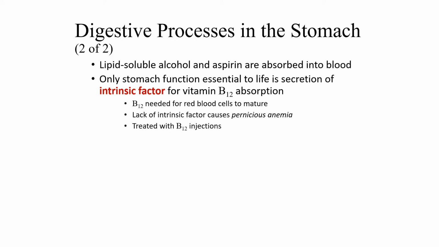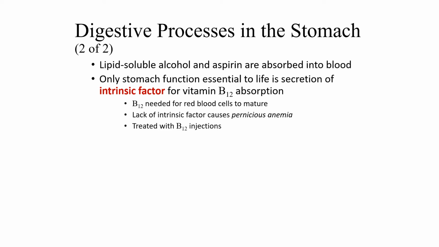This is why a lot of times people who have gastric bypass surgery initially have anemia, or they may have anemia the rest of their lives, since B12 is necessary for the red blood cells to mature, and since you've cut off access to 2/3 of their stomach, there's not enough intrinsic factor being made and absorbed so that B12 can't be picked up and absorbed.